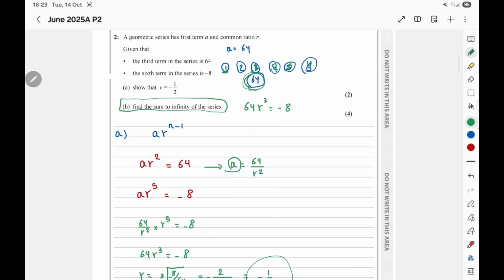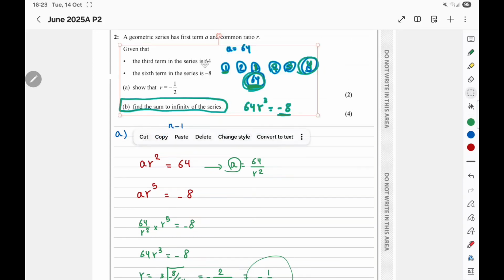So this is a common mistake for those who assume that the third term is now the first term, and the sixth term is the fourth, and find R. When he moves to part B, he forgets to find the original A, which is the first term actually for this series. Got it?